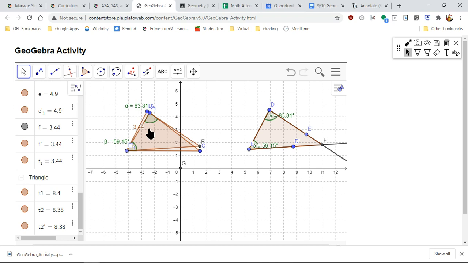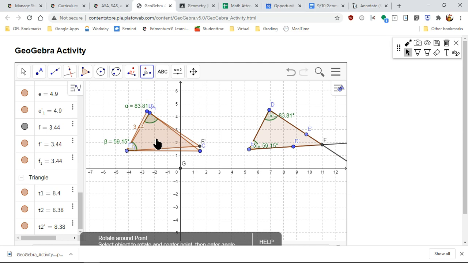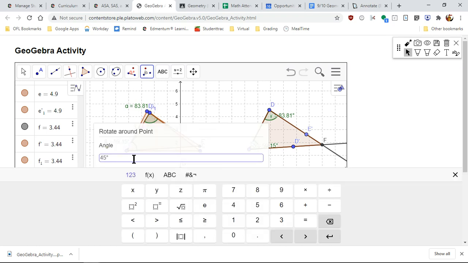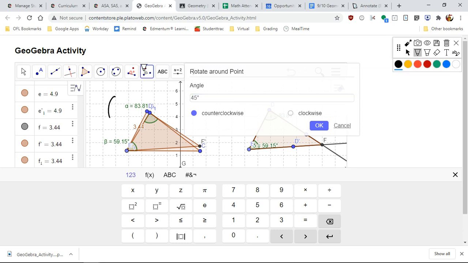So I got that. Next, I want to rotate it because it looks like it is overlapping, but it's off by a little bit. So I'm going to rotate this shape. I'm clicking the shape. This is why we made it a polygon about this point. And I don't know how far I want to rotate it. I know I want to go this way, or let me use my pen. I want to go this way a little bit.